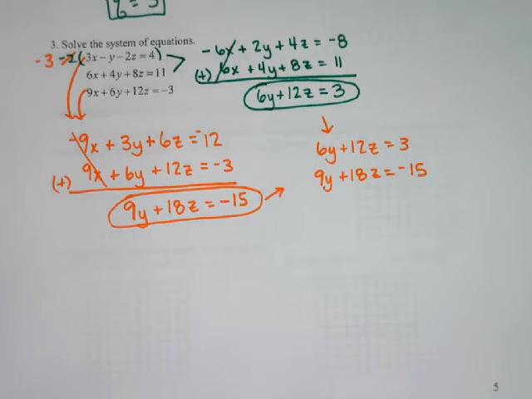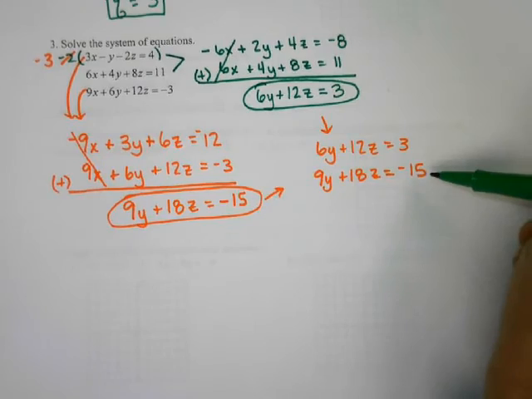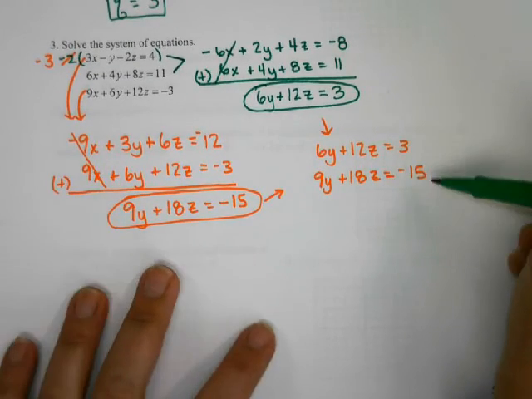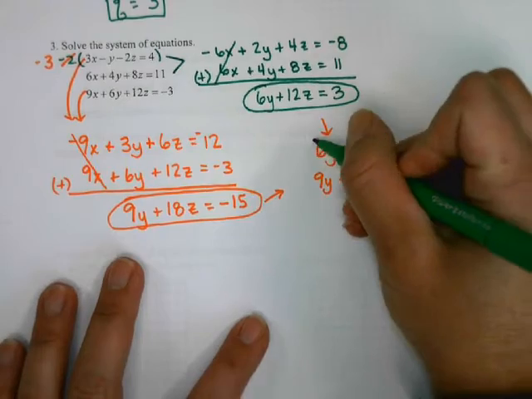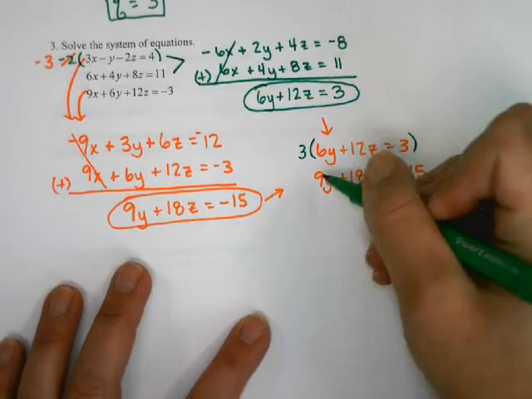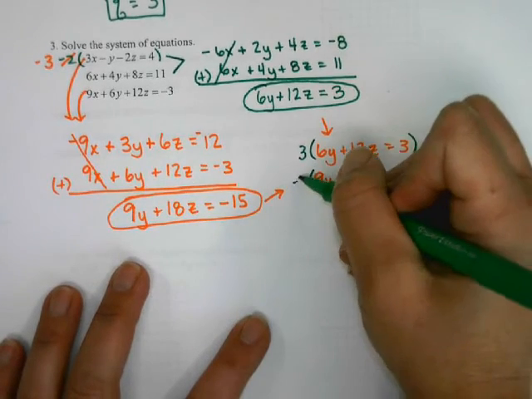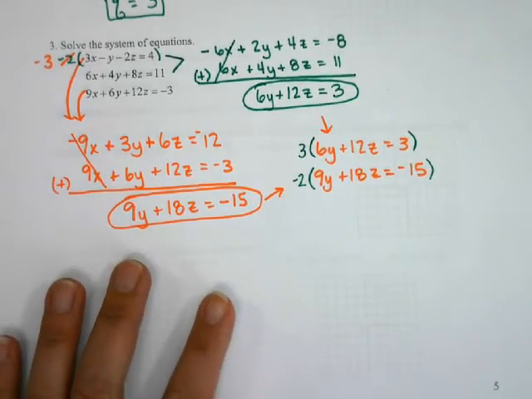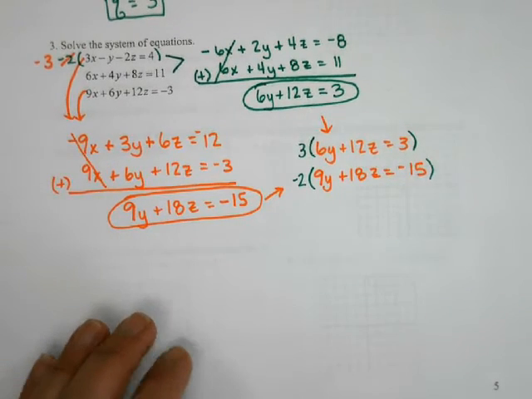The coefficients are a little smaller. What number could I make the y and the z to? Yeah, we could turn them both into an 18, right? We don't have to make them super big like 54. We don't have to pick 9 for this guy and 6 for that guy. We both know that we could make them into an 18. So I'm going to multiply the top guy by 3 and the bottom guy by a negative 2. If you do go to 54, that's perfectly fine. You're just making them bigger.